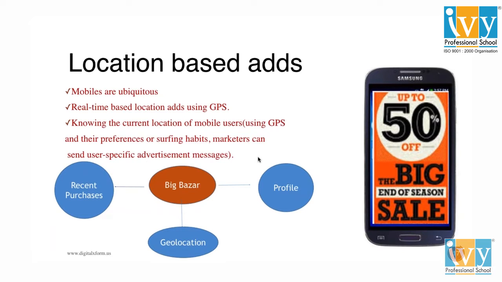Especially it will give you a discount on the product you keep buying from that supermarket, right? So Big Bazaar needs to keep a lot of information. It needs to know your current location using GPS, what you have recently purchased, and your profile information, your gender, or maybe your surfing habits. Based on that, it will give you an advertisement that there is a discount on this product.